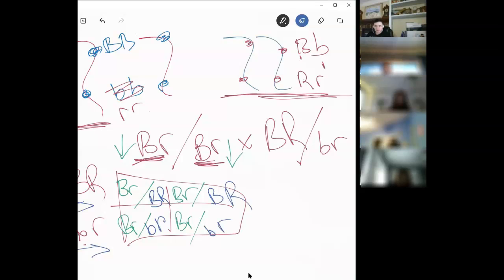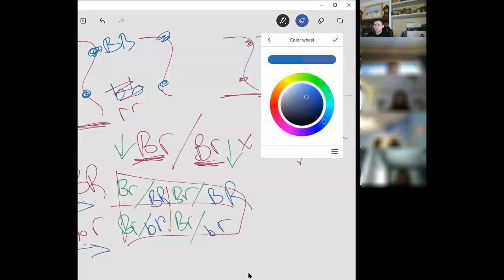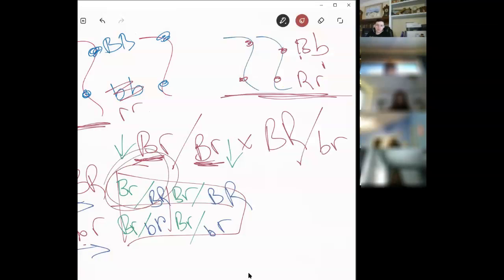So when I look at this together, I see big B, so they're going to be brown. And then big R, little r, and brown. So they're having brown hair and brown eyes. I don't see anybody that came up. Oh, this one has a recessive.